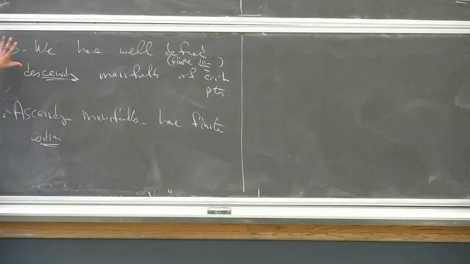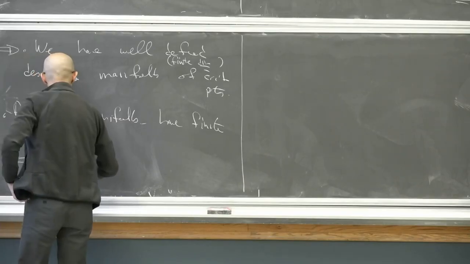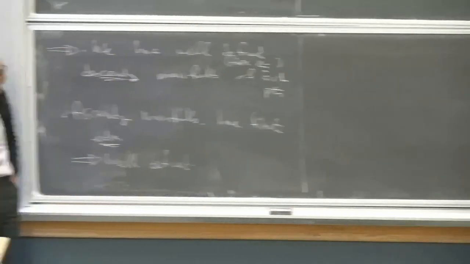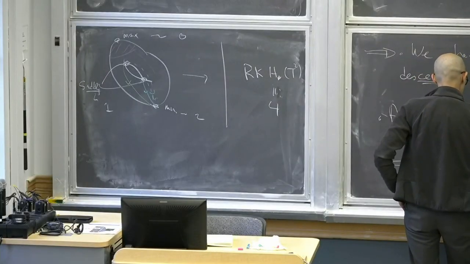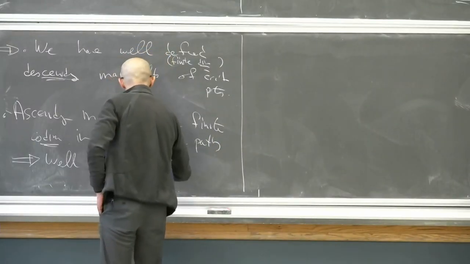So you can think basically of the descending manifolds as defining cycles, and the ascending manifolds as defining co-cycles, and there's a well-defined intersection theory between them. When you say cycles and co-cycles, you mean in the path space, right? Yes. Finite codimension in the space of all paths. So, well-defined intersection.